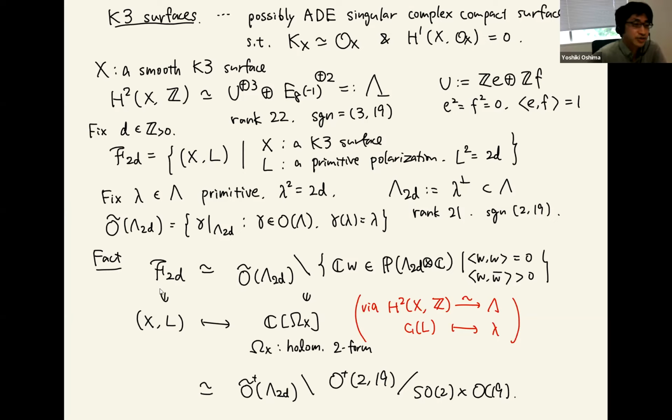And then it is known, by using the period, that F_2D is isomorphic to this quotient space. This is a subset of a projective space of complex dimension 19.